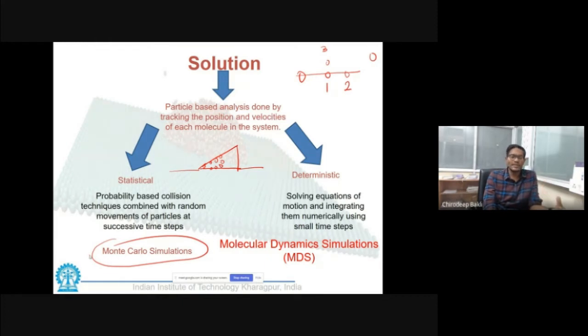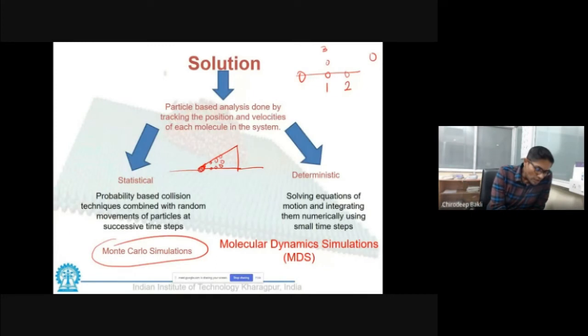So they assign a probability and try to find out how my contact line is going to evolve as time passes. The other solution is deterministic in nature. So what would the deterministic solution do? It would try to find out what is the force that is acting on this one.